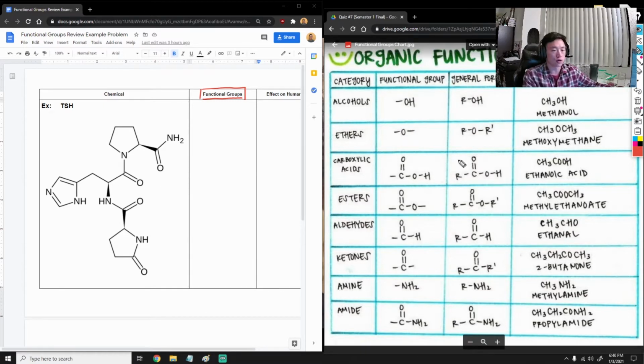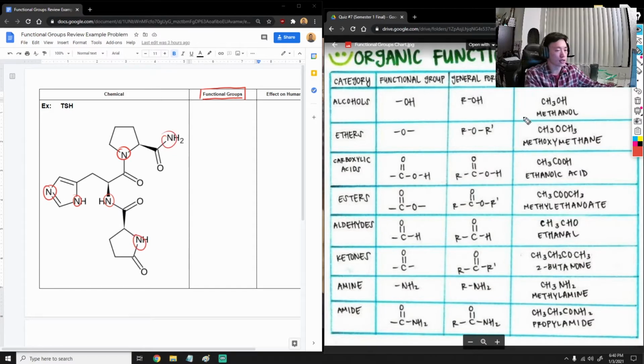Now, if you notice on the right, I have the charts that we are referring back to figure out which functional groups are on this molecule. The first thing you should probably do is look for elements or atoms on the molecule that give away specific functional groups. There are a bunch of nitrogens on this molecule.